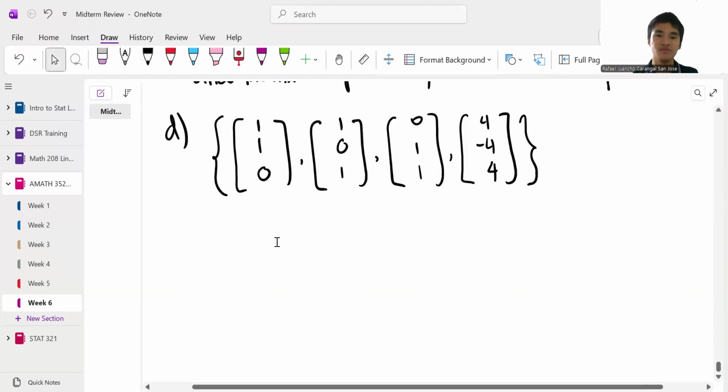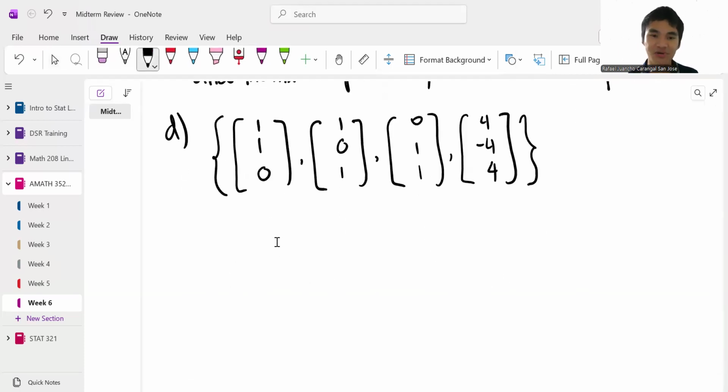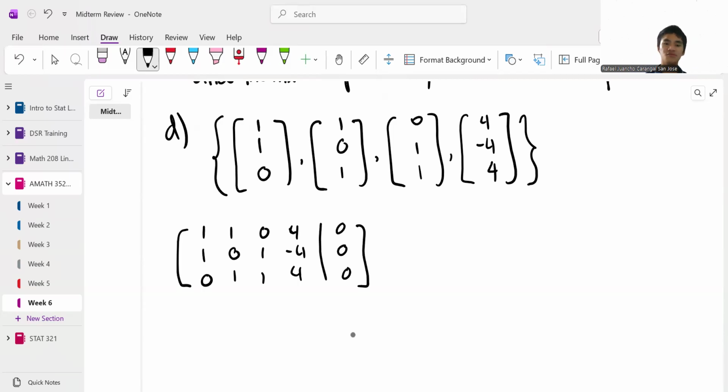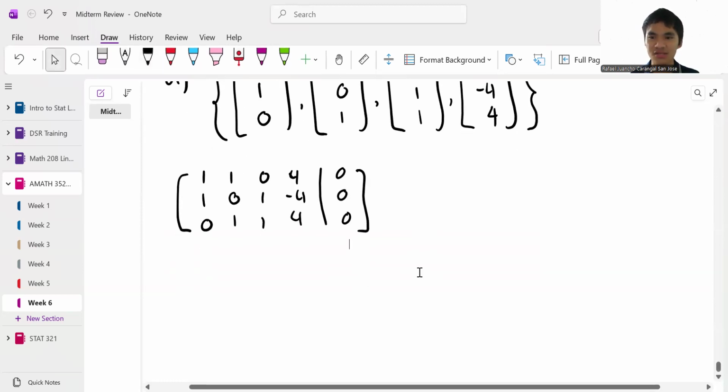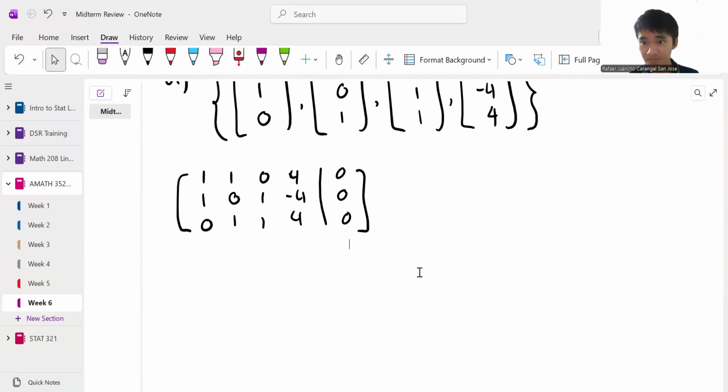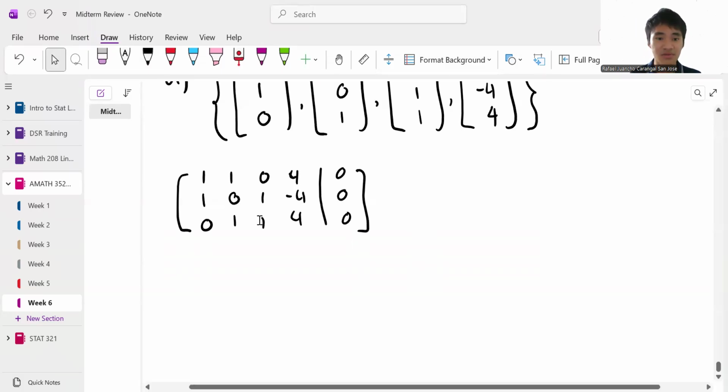I can't really eyeball it, so we're just gonna check how I would do this. 1, 1, 0, 1, 0, 1, 0, 1, 1, 4, negative 4, 4. Is there a pivot in every column? We can only have 1, 2, 3 pivots. We can't have a fourth pivot.